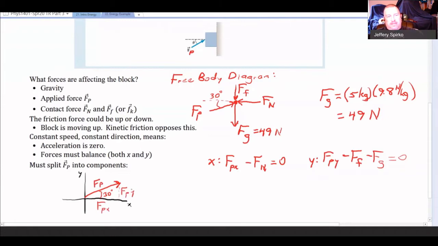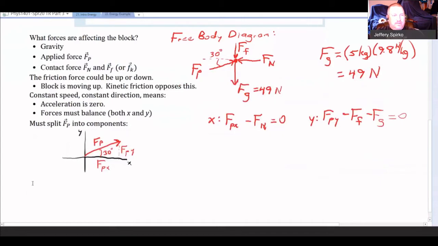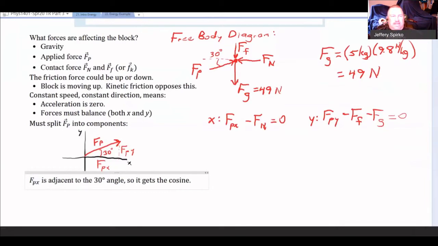So that diagram is what tells me that the x component is adjacent to the 30-degree angle.